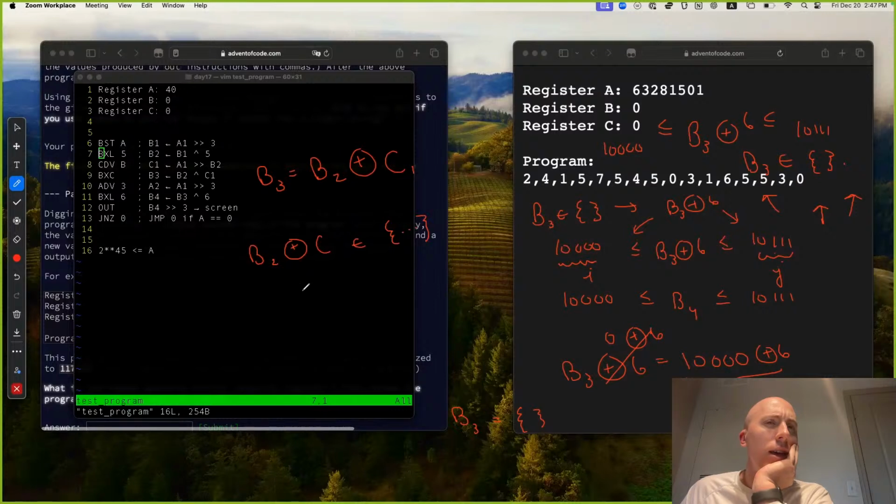So now we say if B2 XORed with C is in this set, then that implies that the screen gets an output of 2.